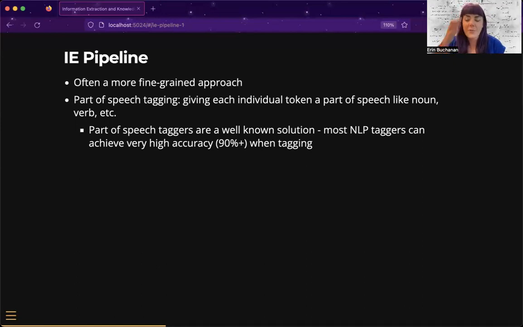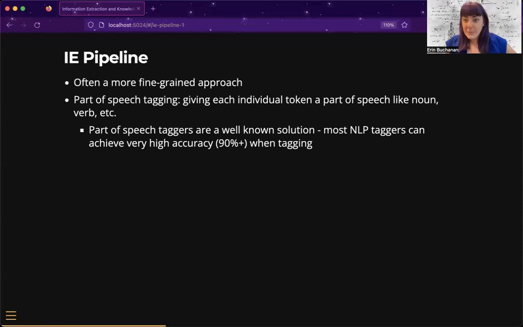For example, if you were going to process Twitch chats, those are a very specific subgroup with a lot of words that wouldn't occur in a normal part of speech tagger. Okay. But most NLP taggers can do this with a very high accuracy. Okay? And you can build your own with over a 90% accuracy in like 3 or 4 lines of code.